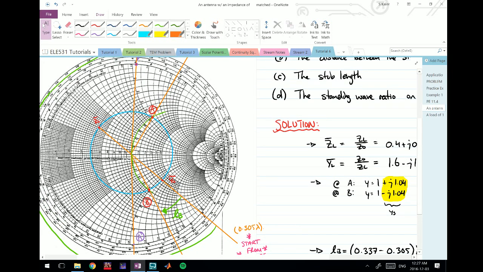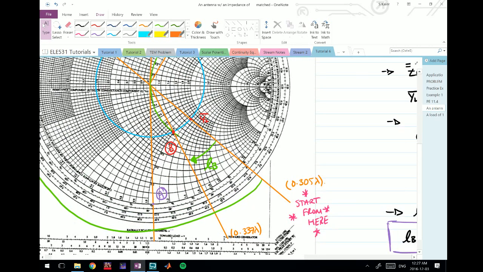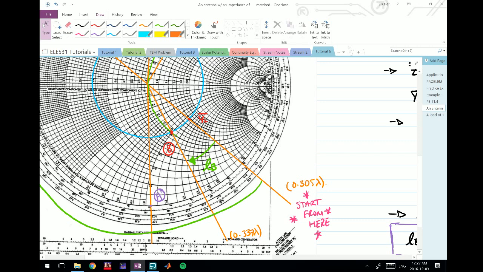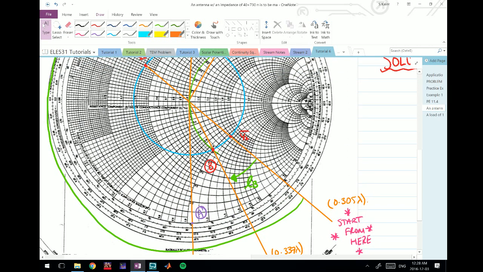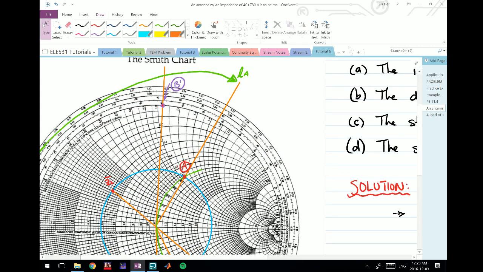It doesn't work that way, because the issue here is that once I go along this line back towards this, because keep in mind I'm going towards the generator, away from the load. So if I go in this counterclockwise direction, I start here and all of a sudden I get to 0 and a new cycle starts. So when you're crossing the cycle, it doesn't make sense to subtract this point, because this is in a whole new revolution in terms of lambda over 2.